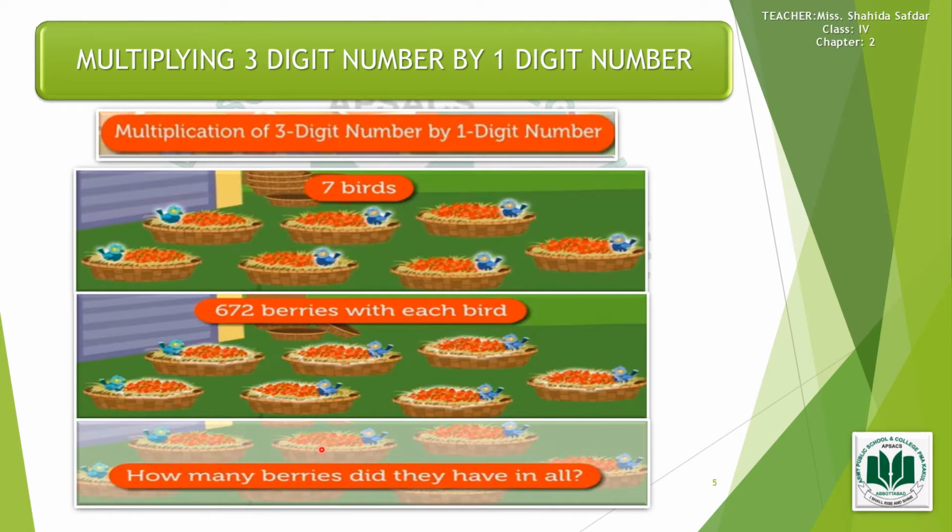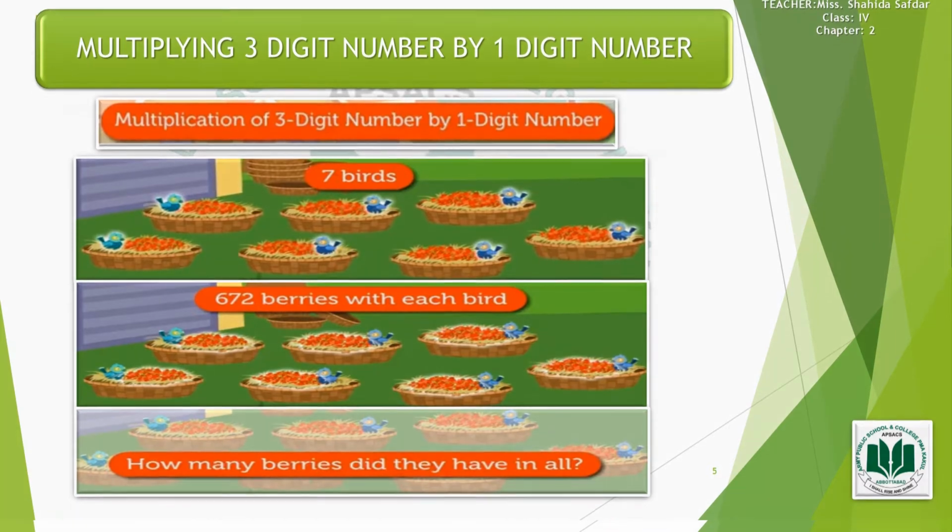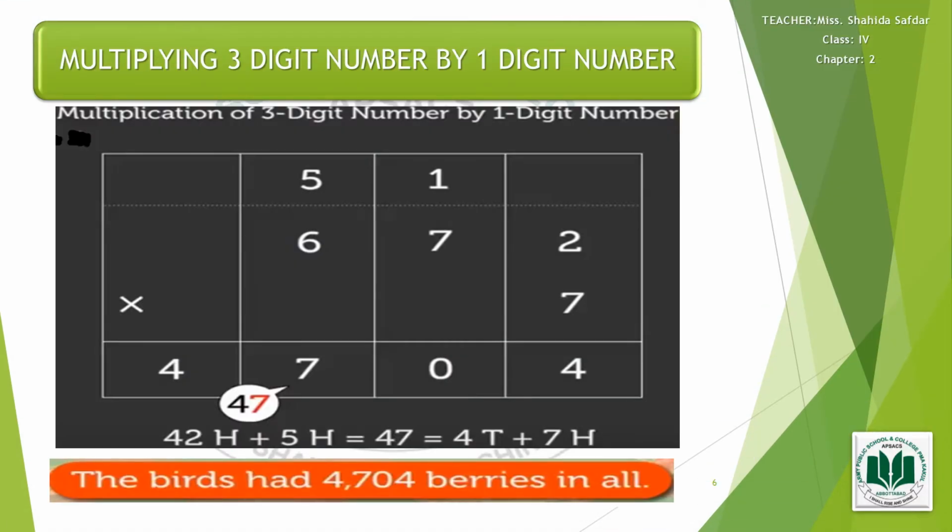Now, how many berries did they have in all? To find the answer, we have to multiply the number of berries each bird eats with the total number of birds, that is 7.